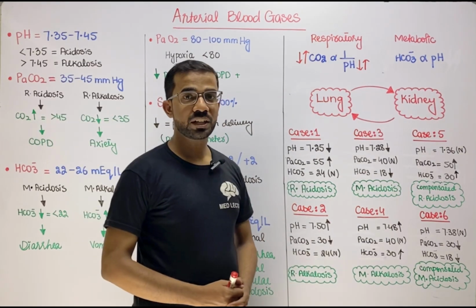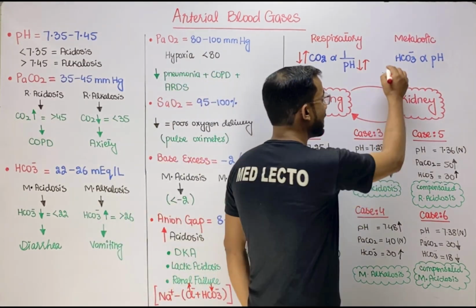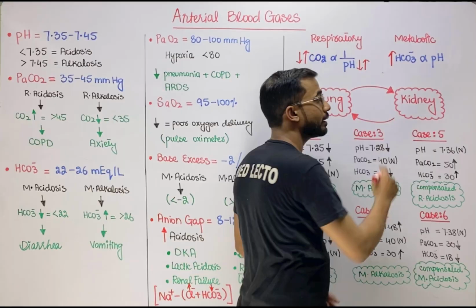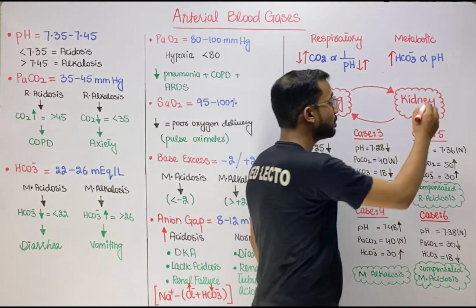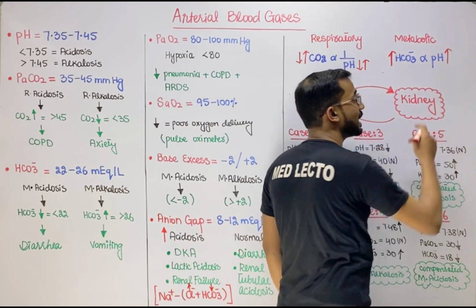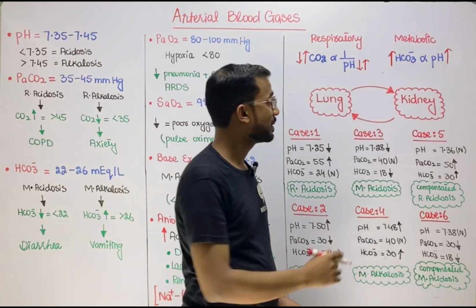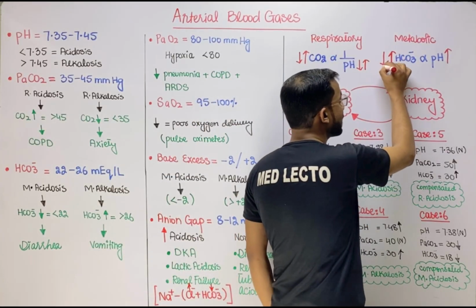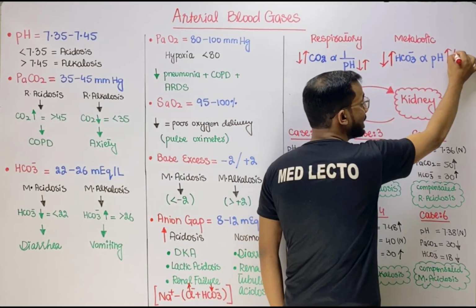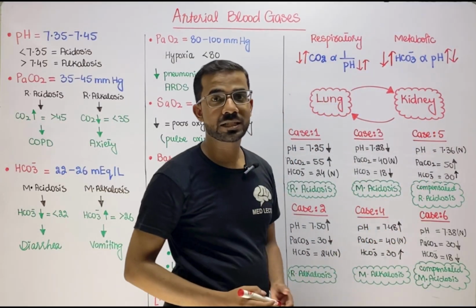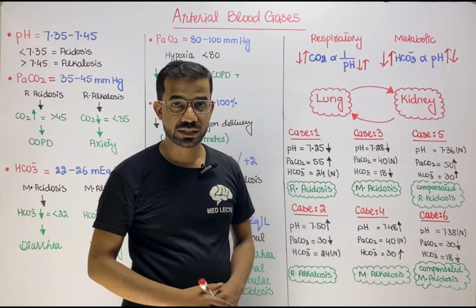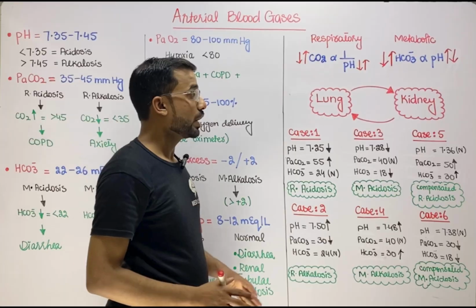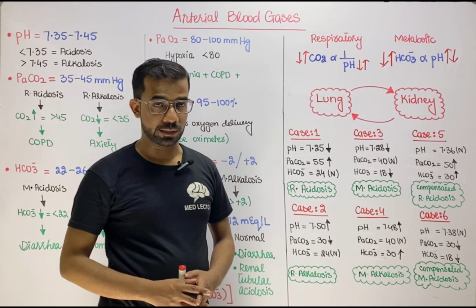In the metabolic condition, if the bicarbonate concentration is high, then the pH will be high, and high pH will be alkalosis. If the concentration of bicarbonate is low, then the pH will be low, and low pH means it will be acidosis. So you just have to remember one thing.